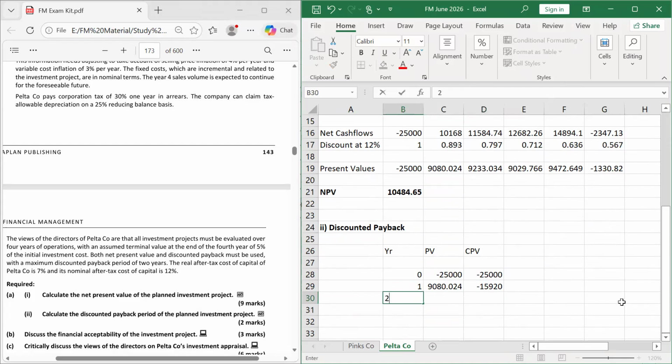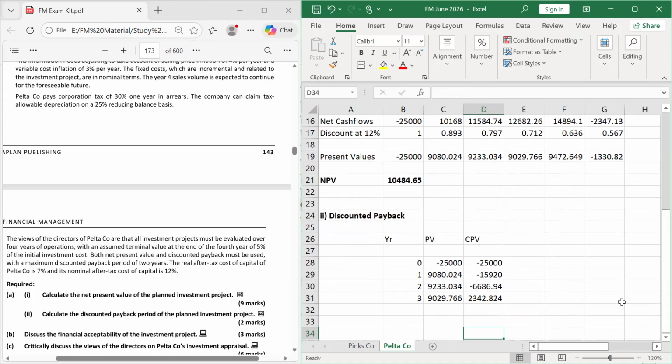In year two, how much cash flow are you generating in present value terms? 9233. Then again it is this plus this, so minus 6686.94. In year three, your cash inflow in present value terms is 9029. So your CPV will be positive.